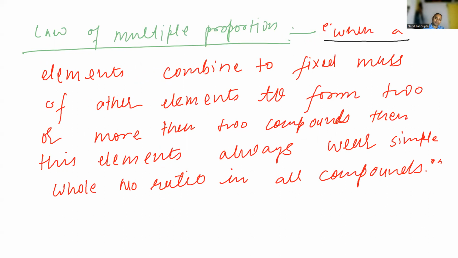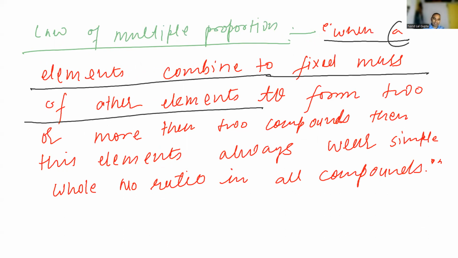Okay. When an element combines with a fixed mass of another element. So an element is there, fixed mass of another element. So C plus half O2, and C plus O2.